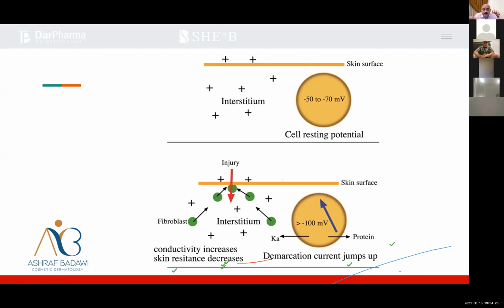When we get injury or a wound, this is going to stimulate a healing process, healing mechanism. And in this study, they found that this negative electrical potential will jump up from minus 50 millivolts up to minus 100 millivolts. And this was one of the most important reasons for the healing and stimulation of the healing process, the increase in the negative electrical potential.